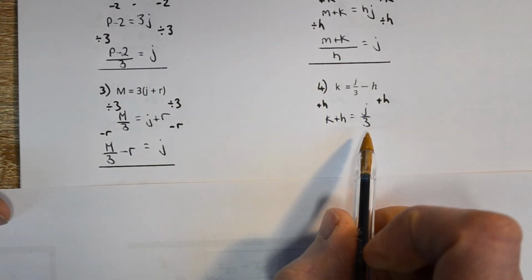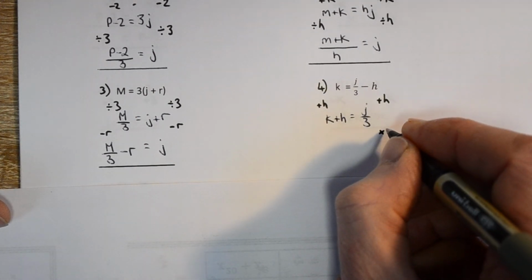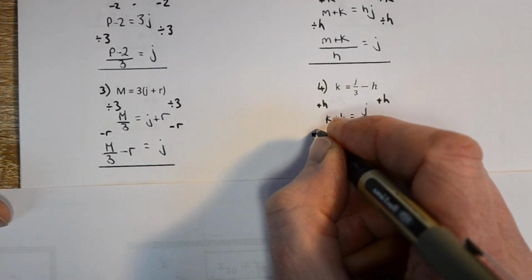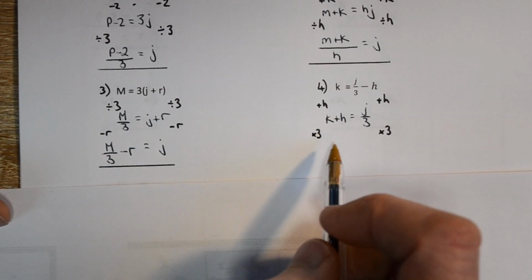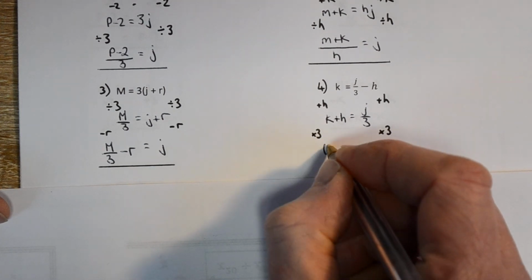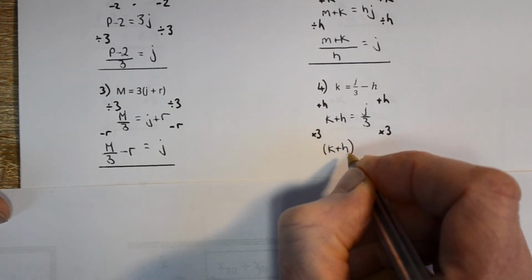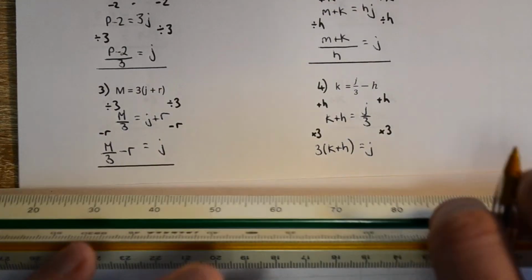Now we've got j divided by 3, and so we need to do the opposite of divide. Now notice on the left we're multiplying everything that's on the left by 3. So to show that that's the case, we need to put k plus h in brackets on the right. J is the subject.